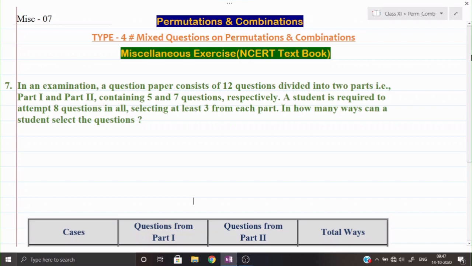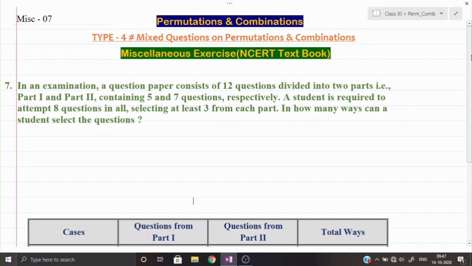2 conditions we have to follow. The total number of questions should not be less than 8, that should be equal to 8. Second thing, from part 1 and part 2, the number of questions he should attempt is at least 3. Maximum questions that you can attempt from any one part, whatever number of questions are available, we can take it all, that is no problem, but you have to take care with the other part also.